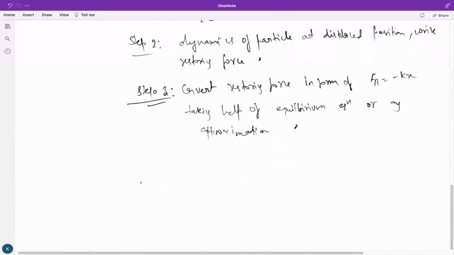And step 4, if you can write Fr is equal to minus Kx, then your time period is 2 pi root under m by k.